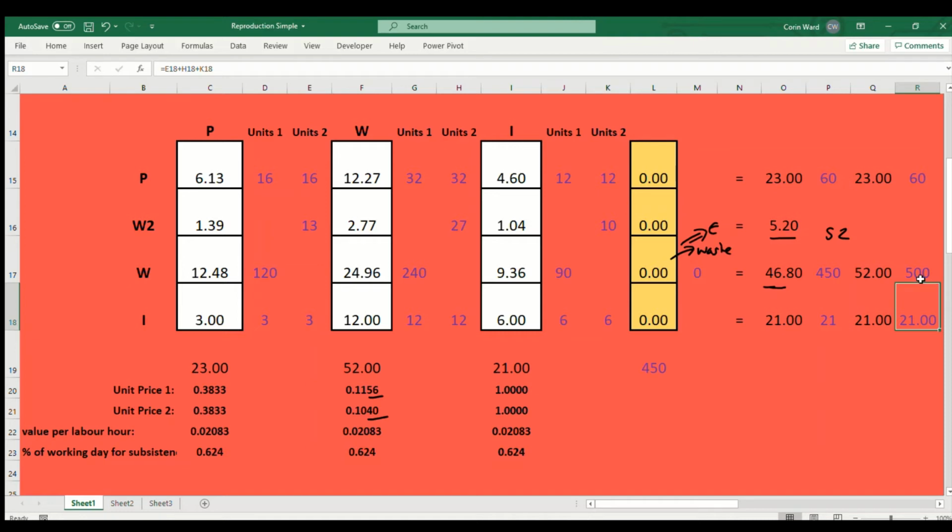Now in Marx this is going to correspond to an extension of the surplus value, because now the workers have to work for a smaller percentage of the day to maintain their existence in wheat. So you can see here it is now 0.624, and before it was 0.693.